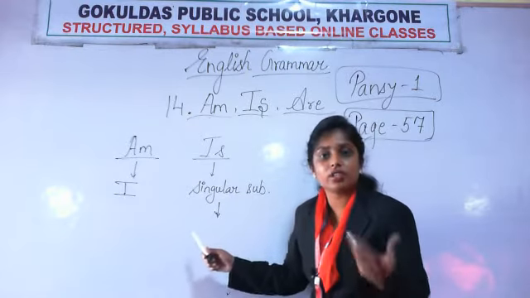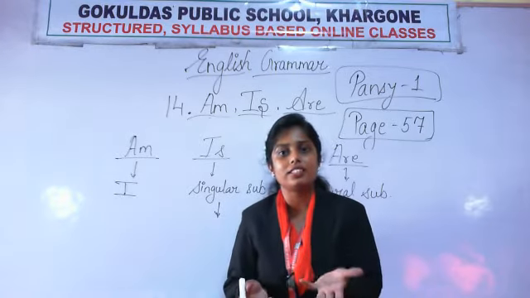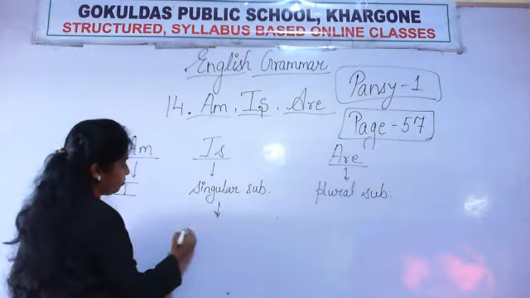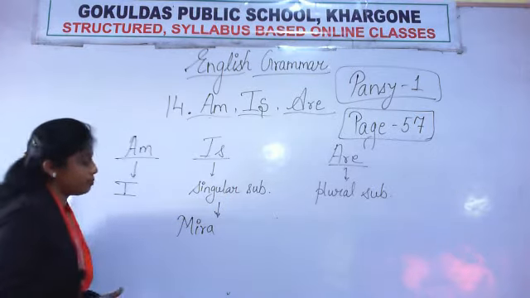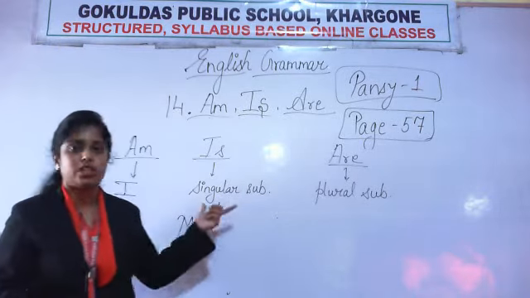Now what are singular subjects? Like if we are talking about some singular person, for example Meera. We are talking about only one person here, so that will be our singular subject.